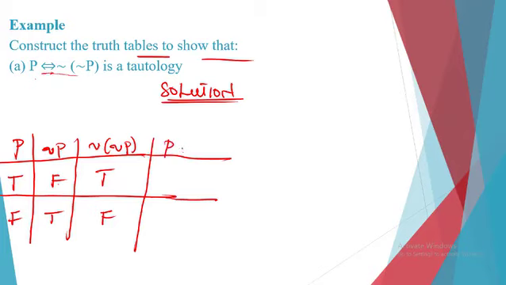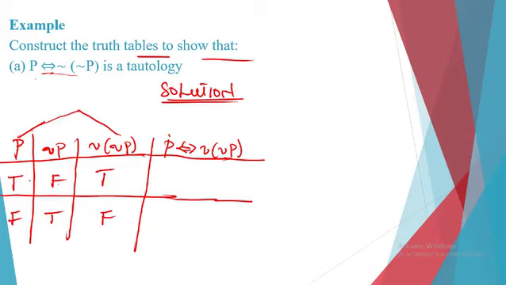P implying negation of negation P. What does that mean? We take the value of P, which is this, and combine it with the value of negation of negation P. That is, we are looking at the two of them.